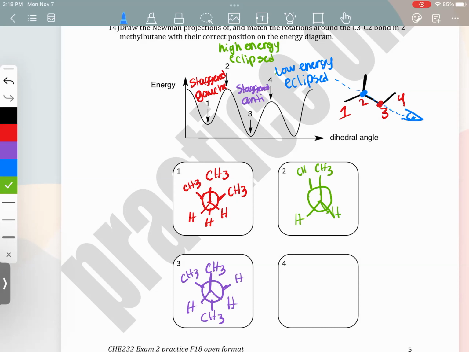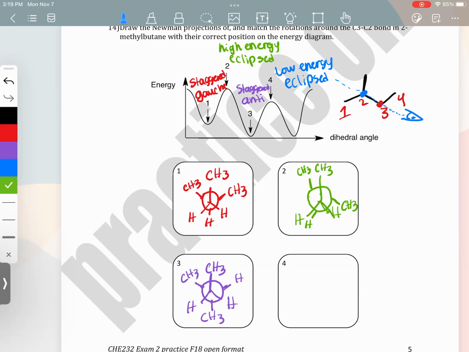So let's draw one here like that, then the other one to the right. There. So here, and then you have your hydrogen. So this is the high energy one, and it's kind of like gauche. Yeah, you can see it.